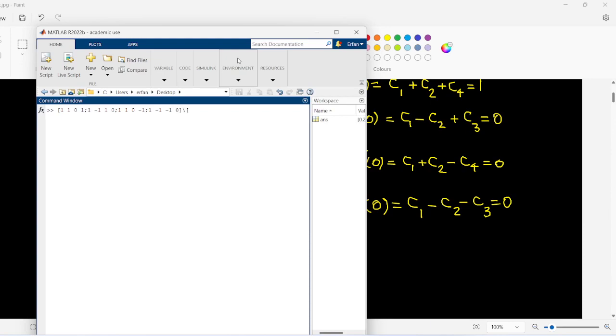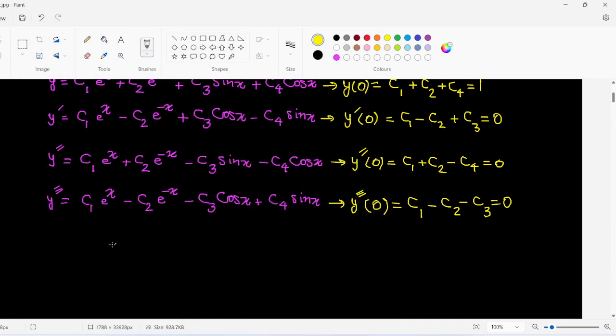And the right hand side vector is 1, 0, 0, 0. So we notice that c1 and c2 are 0.25 or a quarter, c3 is 0, and c4 is 0.5. So c1 equals c2 equals a quarter, c3 is 0, and c4 is half.